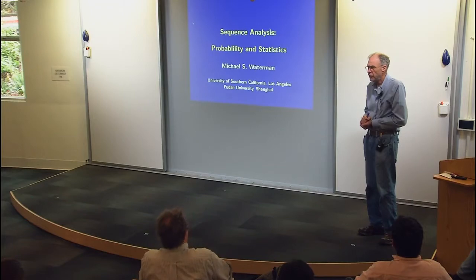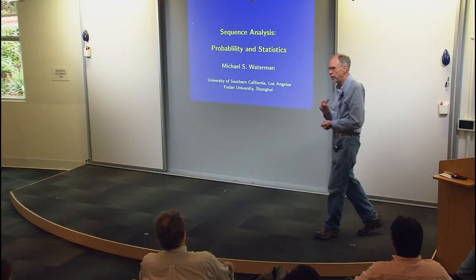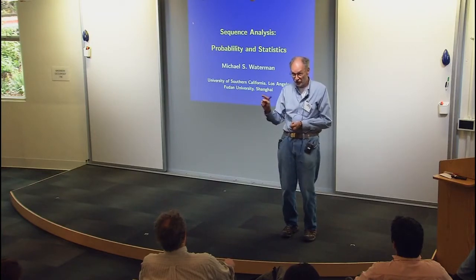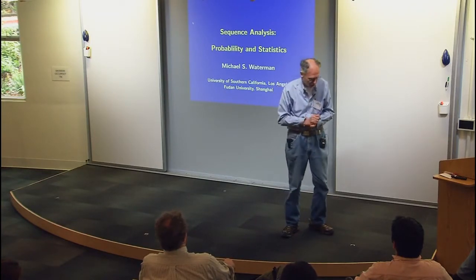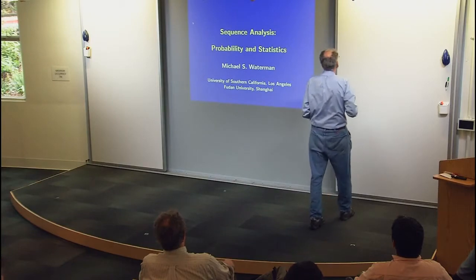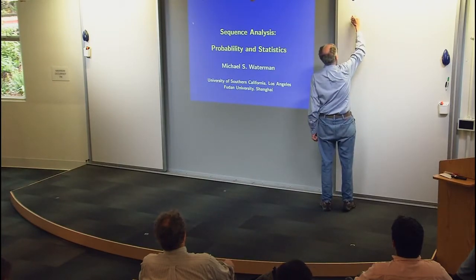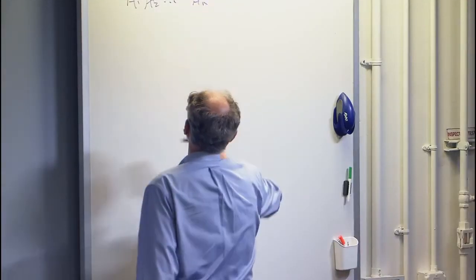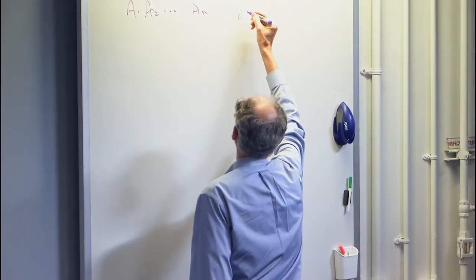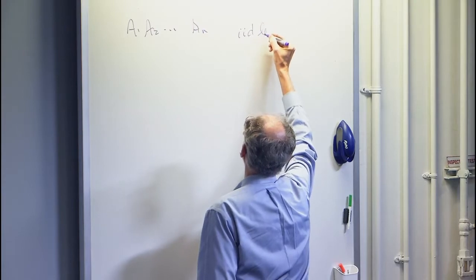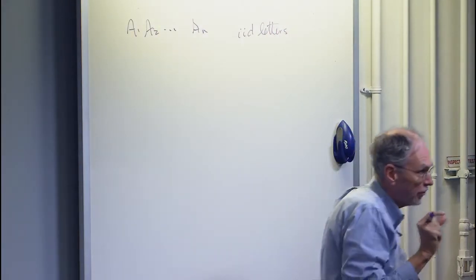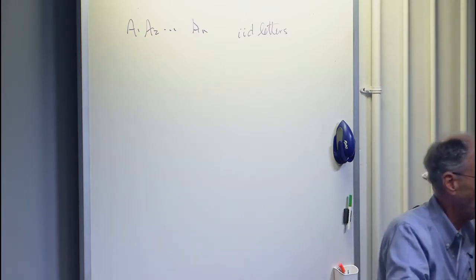So just like Dan did, although it said sequence comparison, he spent quite a bit of time just talking about one sequence. So I'm going to do that too. Almost everything I'm going to say works for Markov chains, but that's more complicated.